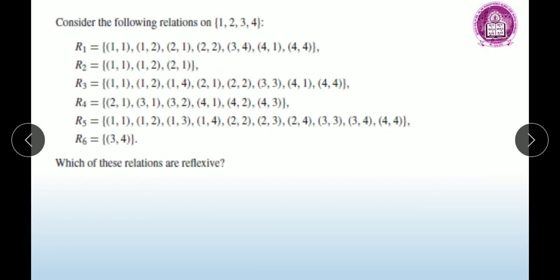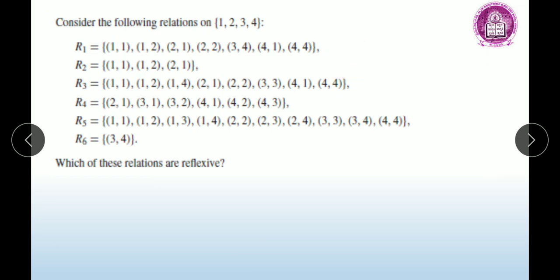If you look at the first one, 1 is related to 1, 2 is related to 2, but (3,3) does not belong to R1. So this is not reflexive. Similarly, R2 is not reflexive because (2,2), (3,3), (4,4), none of these belongs to R2. What about R3? (1,1) is there, (2,2) is there, (3,3) is there, (4,4) is there.